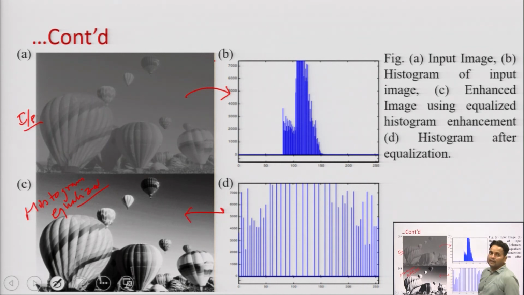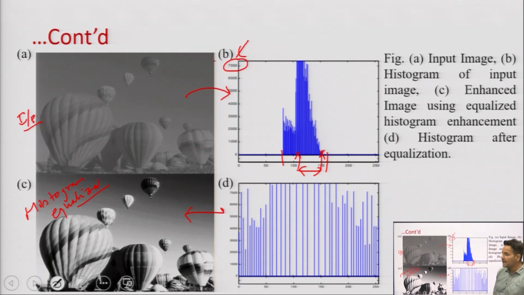How can we equalize the histogram? You may observe that most of the pixels, about 7000 pixels, are holding values from 110 to 160. So, this range of 110 to 160 has about 7000 pixels.